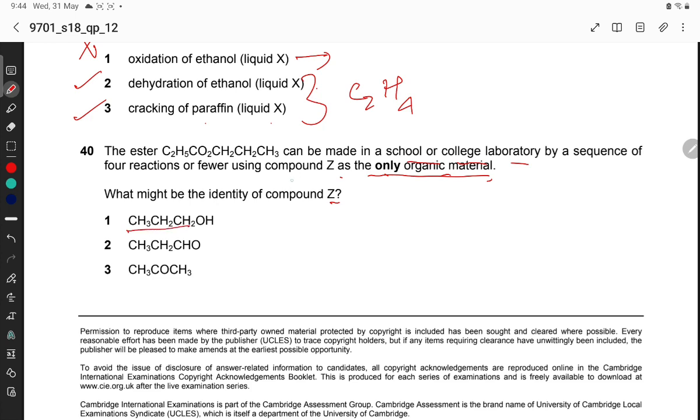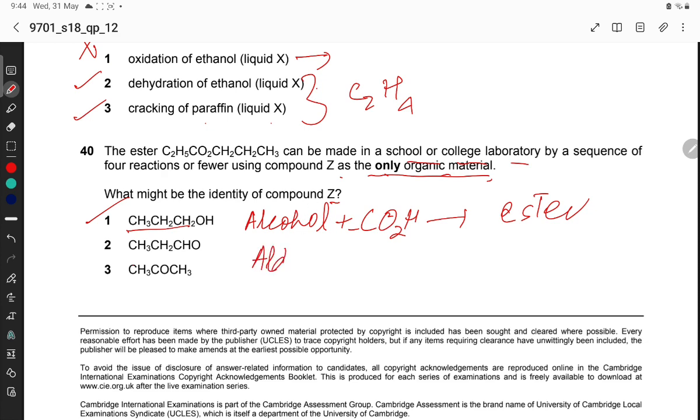This is an alcohol which reacts with carboxylic acid to form ester. This is correct. CH3, this is an aldehyde.